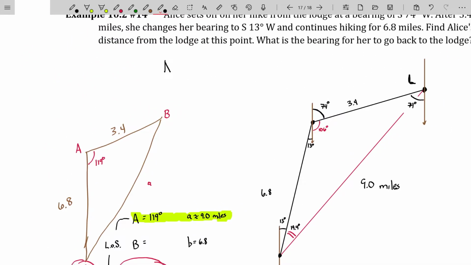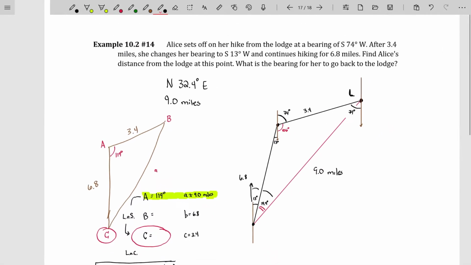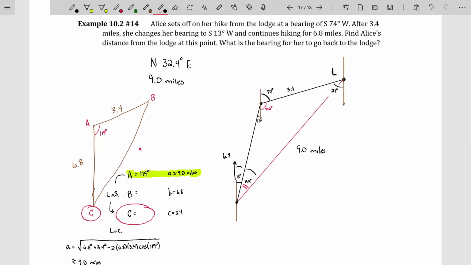So north by 32.4 degrees east, because she has to face north, turn through 13 plus that extra 19.4. So north by 32.4 degrees east and 9.0 miles away. There you go. That's the full problem. A really good bearing problem.